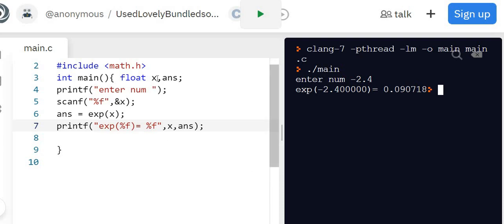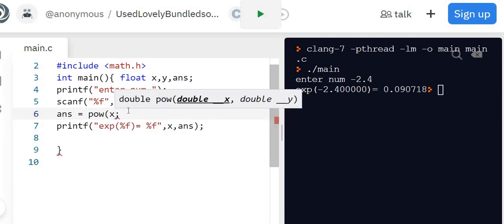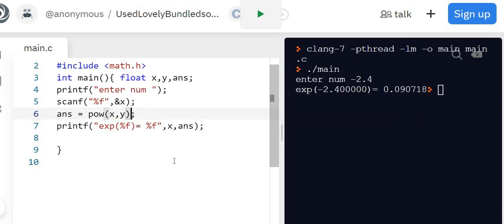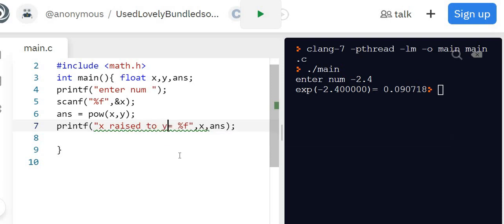Now power. Power is x raised to y. So we must define y also. And the answer will be power, very simple, power x comma y. That's all. So x raised to y we will get. So here we'll say x raised to y.